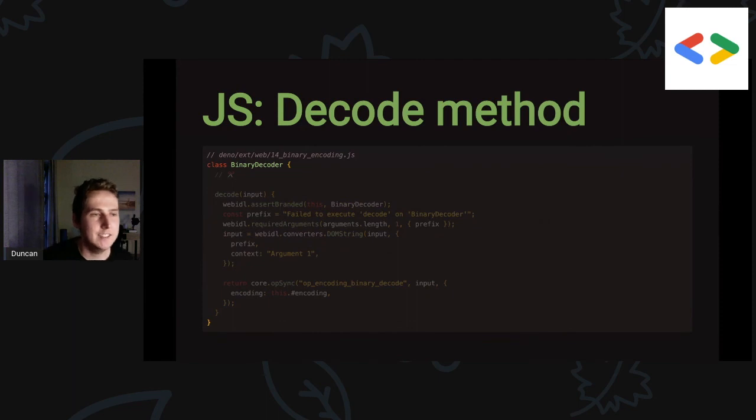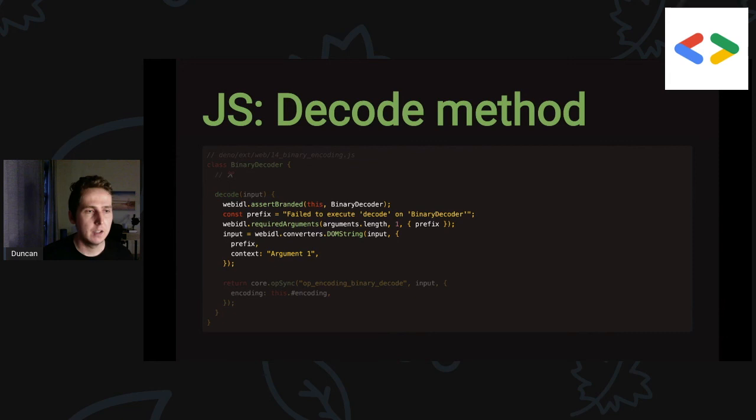All right, and so now we're going to look at the decode method in binary encoding. So a bit further down, we've got decode. We pass an input like a base 64 string. This is where we use the assert branded to make sure that this, which is an instance of binary decoder, is an instance of prototype, and that it has the right WebIDL brand symbol.